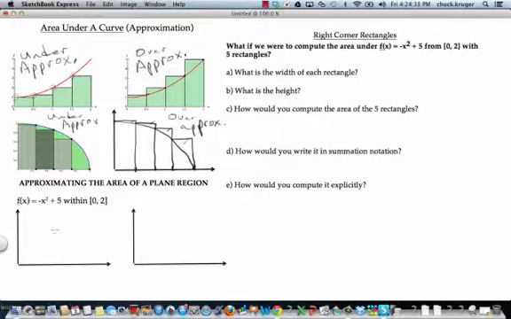Now, what I'm going to do here is I have the same equation. Here's 0, and here's 2. I have a parabola, and it's going down, and it's 5 units up, so it's going to start here. If I put 2 in here, I'm going to have negative 2 squared, that's negative 4, plus 5 is 1, so I'm going to end up here.